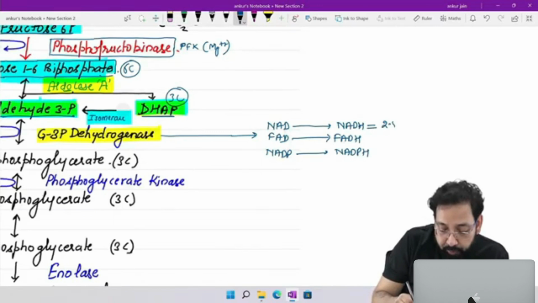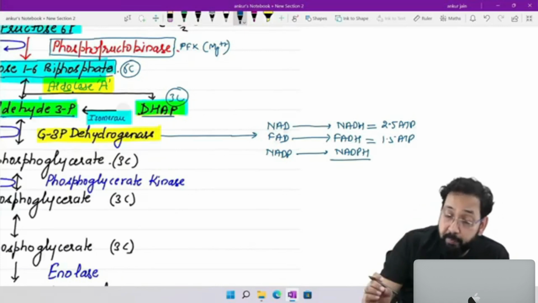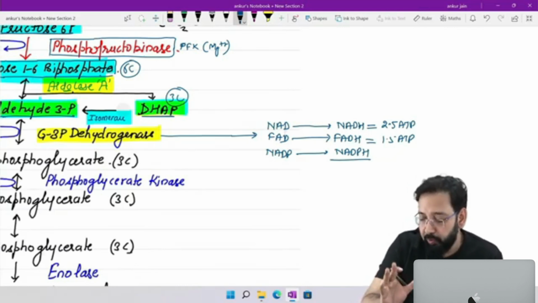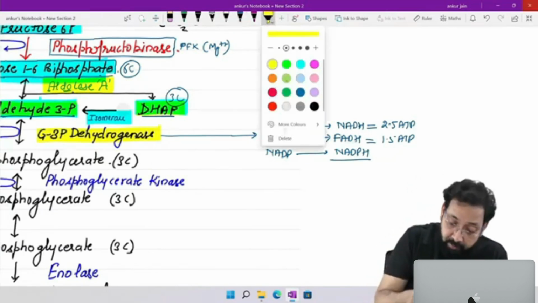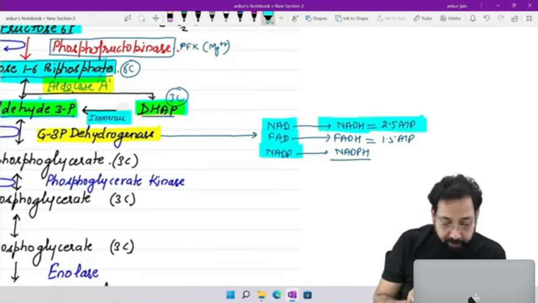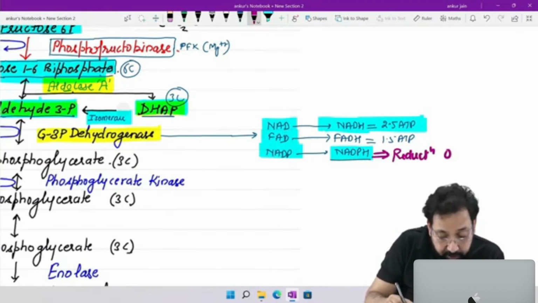NADH produces 2.5 ATP, FADH produces 1.5 ATP, NADPH produces no ATP. Most commonly NAD forms NADH, producing 2.5 ATP. I told you the function of NADPH is reduction, no ATP, 0 ATP.